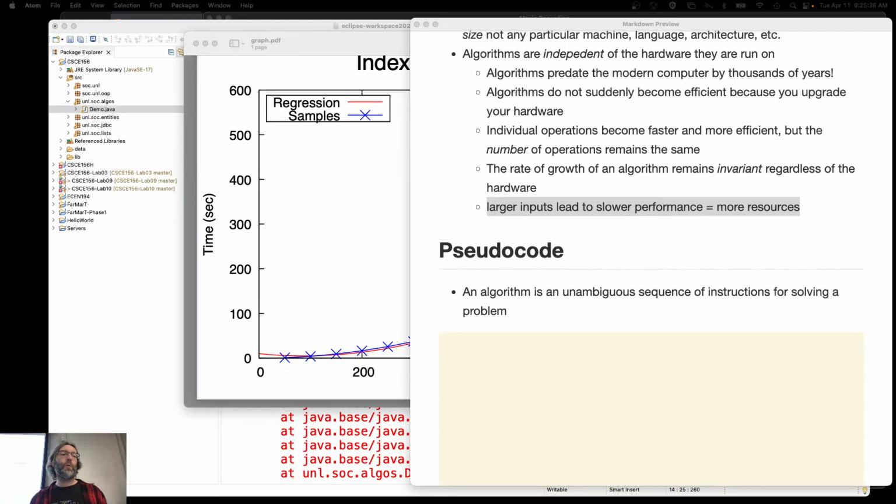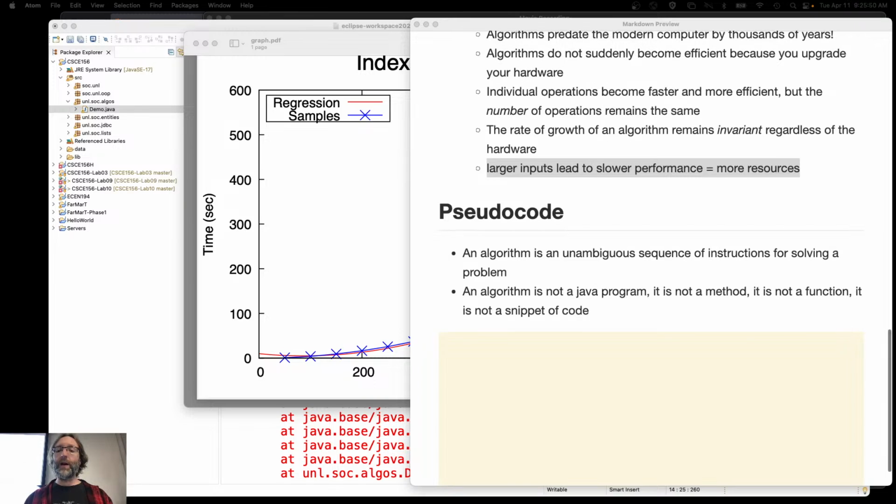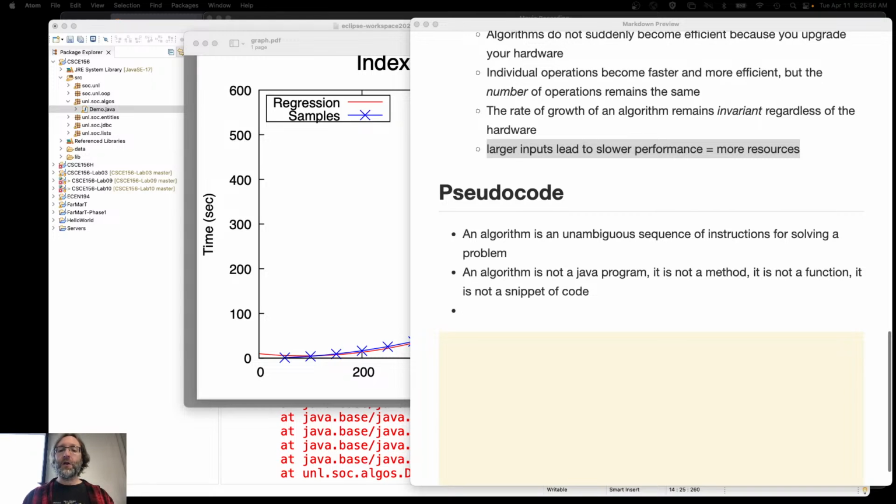A definition of what an algorithm is would be either a Turing machine or lambda calculus. But this definition is good enough for us, at least for this module. An algorithm is not a Java program. It's not a Python program. It's not a C program. It's not a C function. It's not a snippet of code at all. Can I give you rules for what good pseudocode looks like?